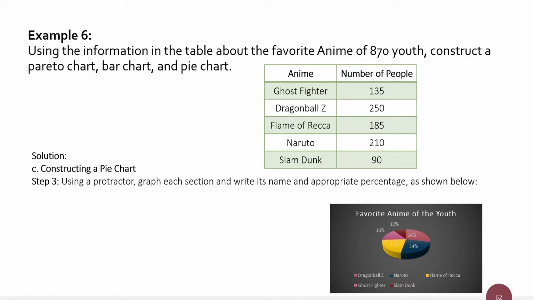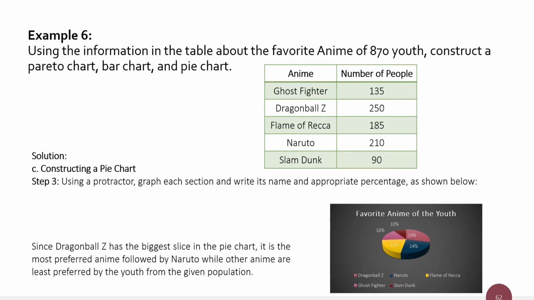Makikita natin na yung Dragon Ball Z, siya yung may pinakamalaking area o percentage sa ating kabuuang pie chart. Kaya naman, since Dragon Ball Z has the biggest slice in the pie chart, it is the most preferred anime, followed by Naruto, while other anime are least preferred by the youth from the given population.